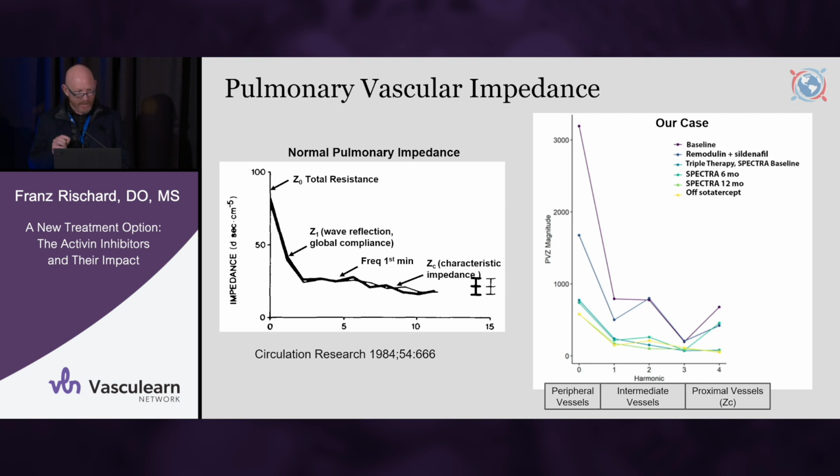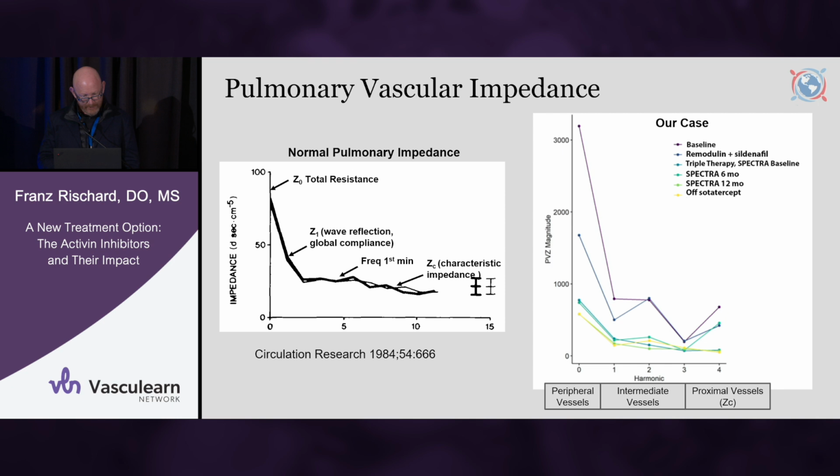pulsatile afterload as well as the static afterload, which would be PVR, essentially, as well as wave reflection and what's called characteristic impedance, which is the afterload determined by the proximal pulmonary vasculature. Essentially, the vessels just prior to the main point of wave reflection or pressure reflection in the system.